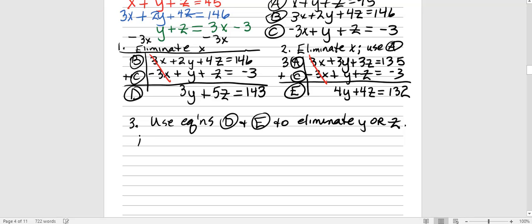It's just as easy to eliminate z. Now since the coefficient of y in E is 4 and the coefficient of y in D is 3, I'm going to multiply negative 4 times D. So I use the negative of the coefficient in E times D, and the coefficient of D, which is 3, times E.